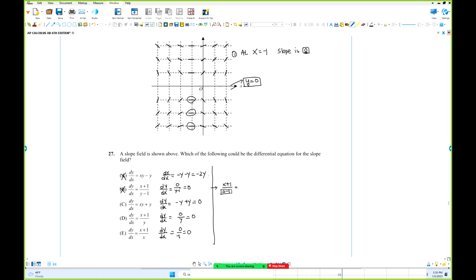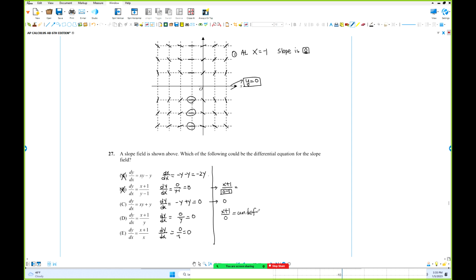Undefined means what? The denominator should be 0, okay? Over here, 0. The line of the 0, okay? There is no line means what? Undefined. What about number 3? What about y equals, so dx/dy is what? x plus 1 over 0, right? That is undefined, isn't it?